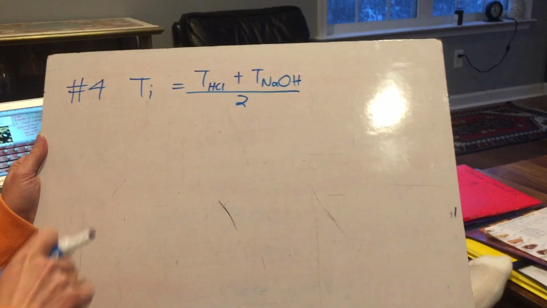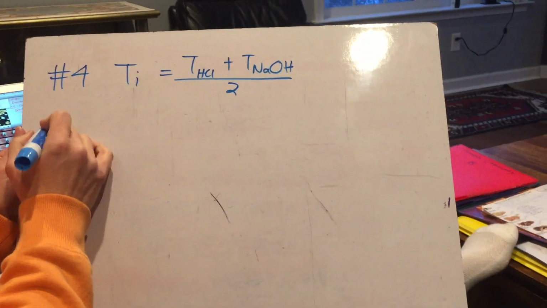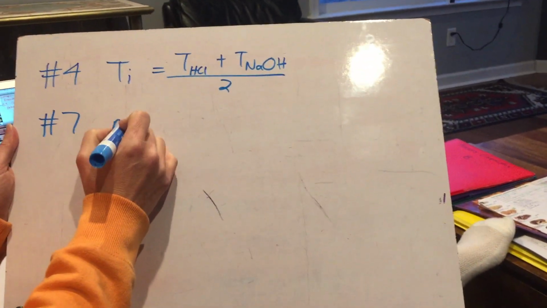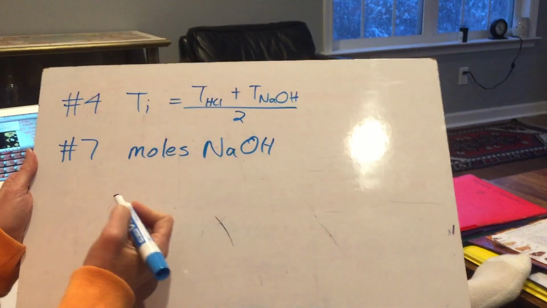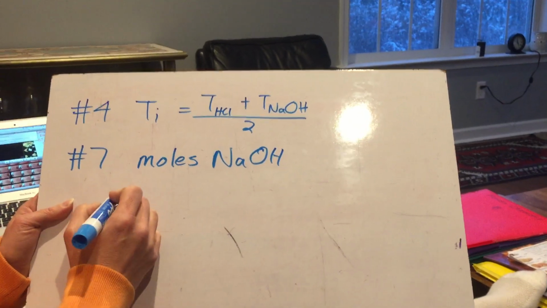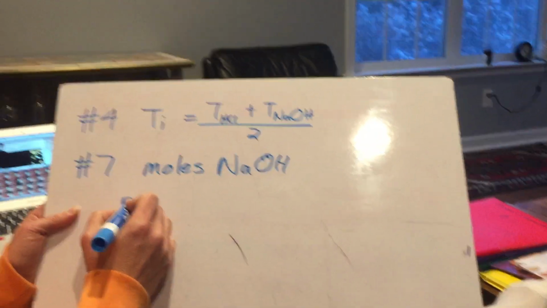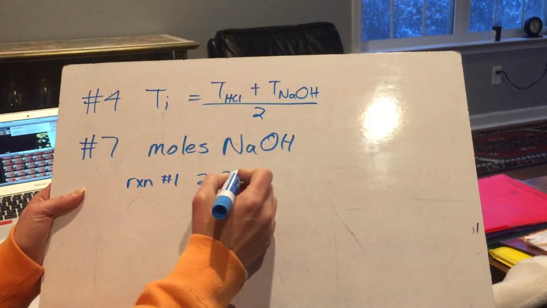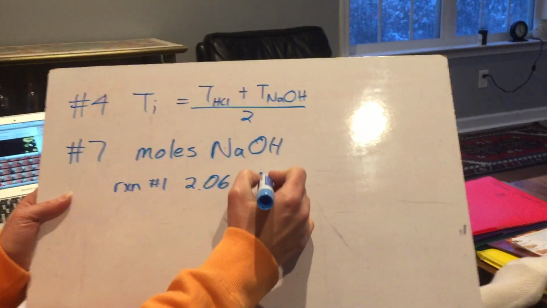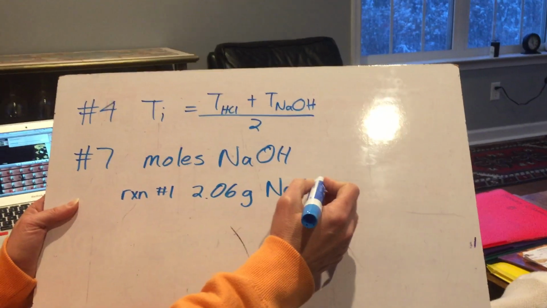Okay, so then for number 7, you have to calculate the moles of sodium hydroxide. And you have that 2 different times. So let's say that in reaction number 1, you use 2.06 grams of sodium hydroxide. This is the easy one, right?